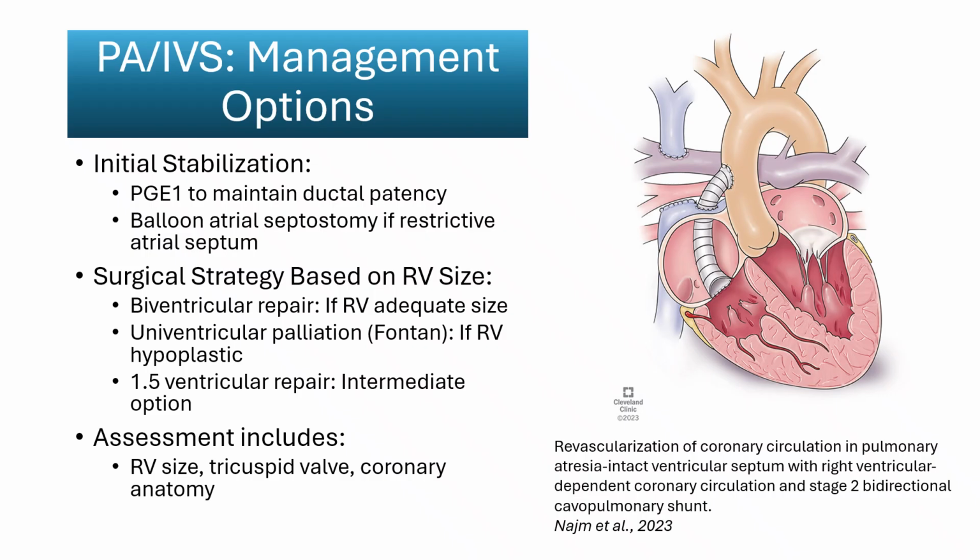For intermediate cases, a 1.5 ventricle repair can be considered, directing superior vena cava return to the pulmonary arteries while preserving some right ventricular contribution. Careful assessment of right ventricular dimensions, tricuspid valve morphology, and coronary anatomy is essential before deciding on the definitive approach.